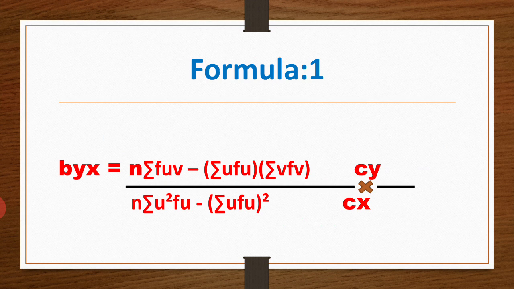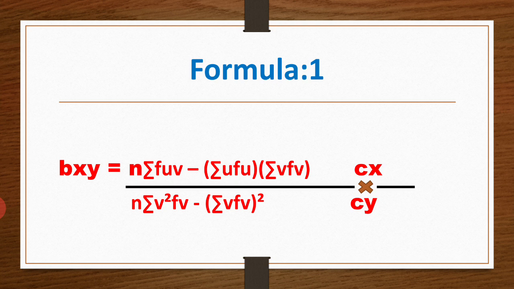So we apply byx is equal to n sigma fuv minus sigma ufu sigma vfv upon, only for information about the x. This formula is used for the y on x equation. Another formula is bxy.